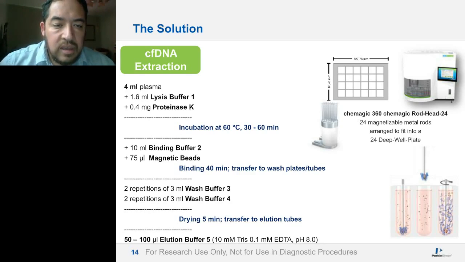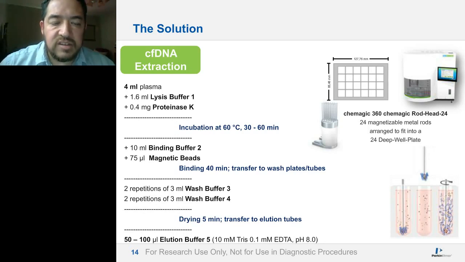Essentially, we take 4 ml of plasma that's been separated and isolated, clean, and we try to make sure that it's clear of cryoprecipitates based on the centrifugation conditions listed earlier. We add 1.6 ml of lysis buffer as well as proteinase K because, as pointed out, there are a lot of proteins in the plasma samples as well as the cfDNA protein complexes. So we really need to do a rigorous proteinase digestion.